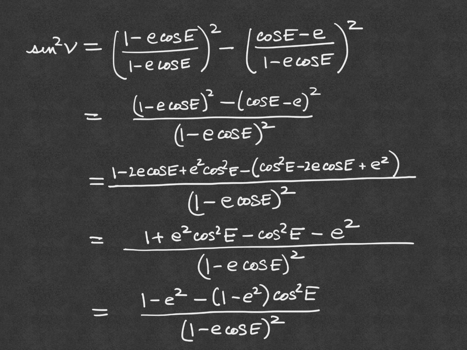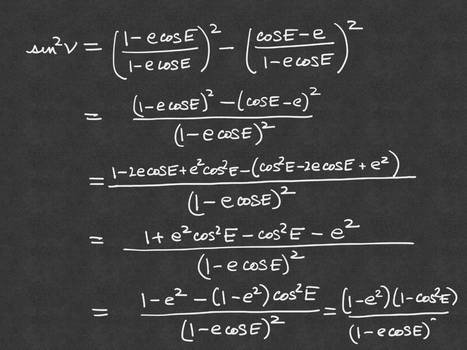So that's sine squared nu, right? But if you look at this last expression, I can factor the 1 minus e squared out of the whole thing, and I wind up with (1 minus e squared) times (1 minus cosine squared E), all divided by (1 minus little e cosine E) squared. But you'll notice that 1 minus cosine squared E is just equal to sine squared E. So as a result, we wind up getting the following result.